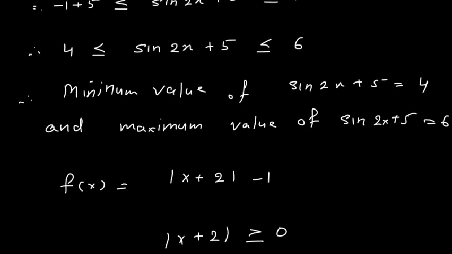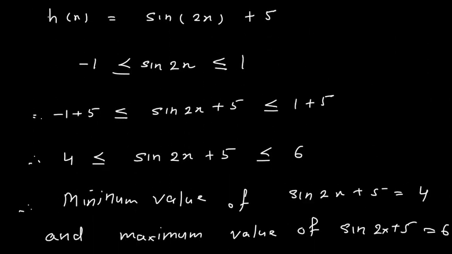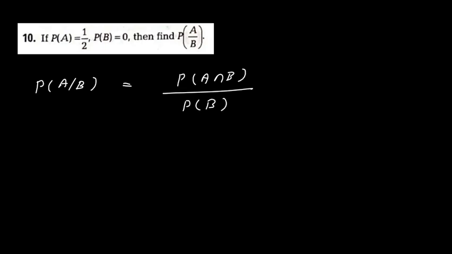Okay, right. So ninth question we have done. One more question we do, and then we stop for this lecture. So P of A is 1 by 2, P of B is 0. Then we have to find P of A by B. What is the formula for P of A by B? The formula for P of A by B is P of A intersection B divided by P of B. But they have given that P of B is 0.